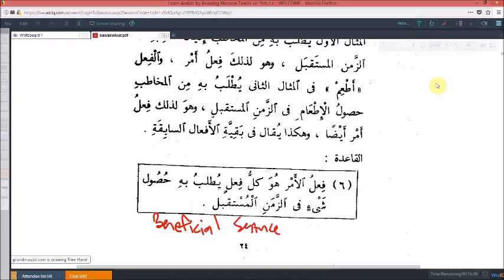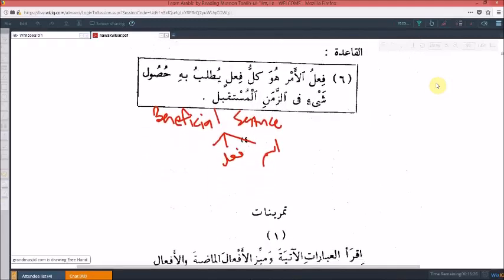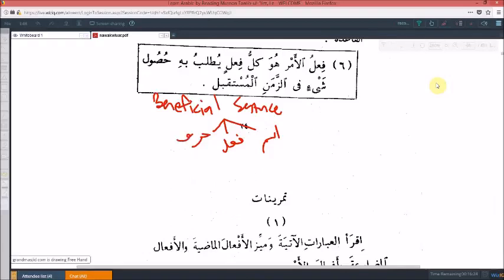And we said it is broken up into 3 parts. Those 3 parts are the ism, the fi'l, and the harf. We said the ism is something which names an object, a person, an animal, a plant, anything.